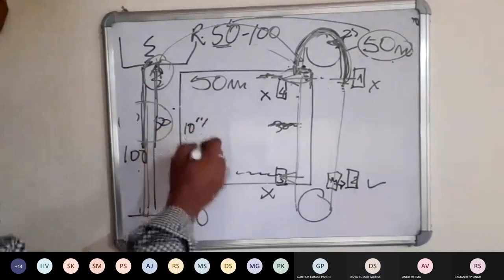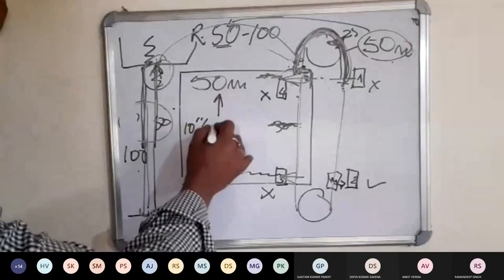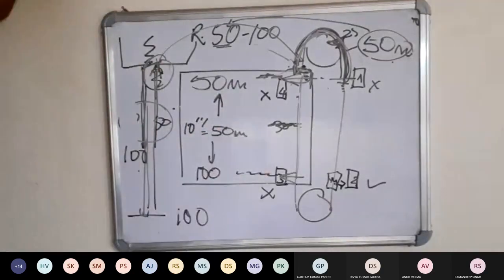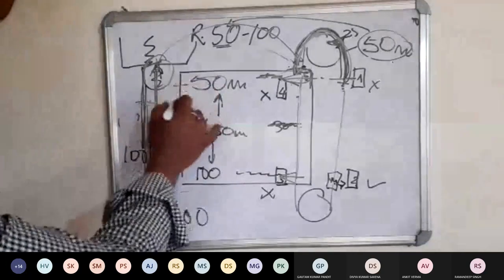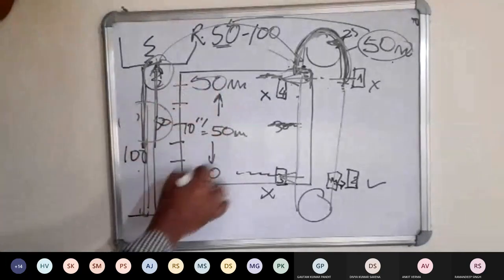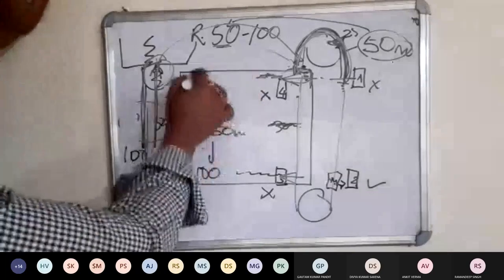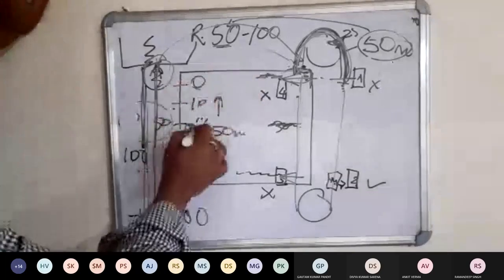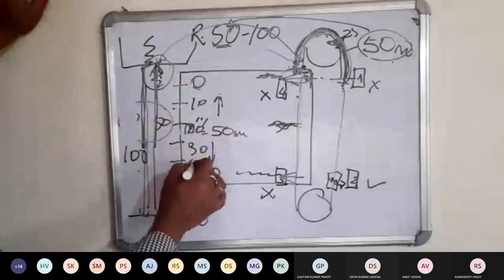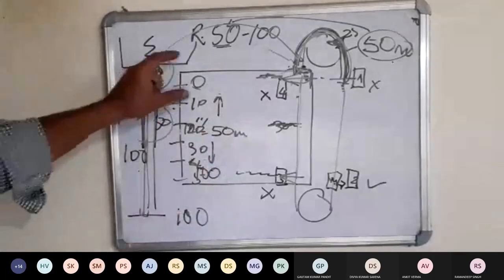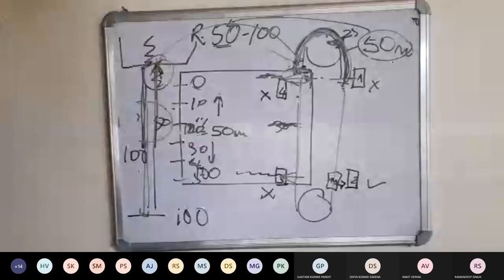10 inches of paper is equal to how much? 50 meters. That means 50 here, then 60, 70, 80, 90, 100. The same gap as earlier, which was 0, 10, 20, 30, 40 and 50. The same gap, the same scale, all maintained.